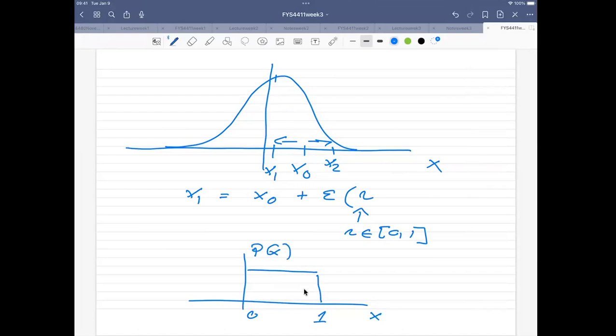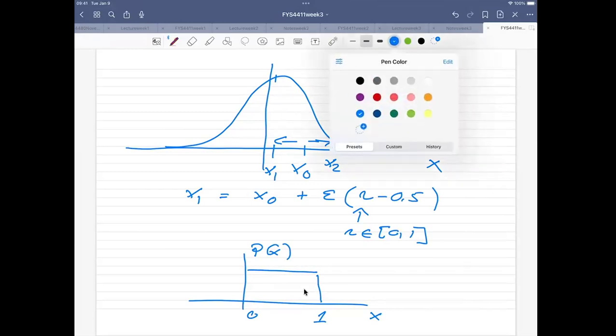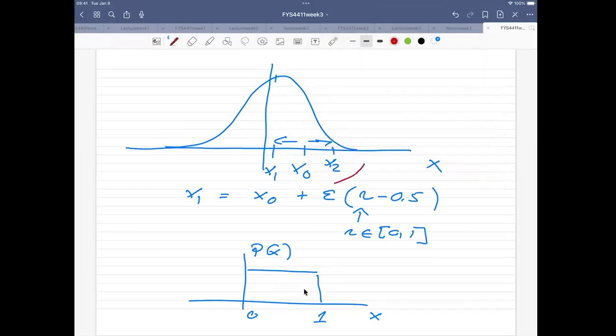So the points which you would pick give you numbers between 0 and 1, but then we subtracted 0.5 because we wanted to have negative numbers as well. So clearly if r is smaller than 0.5, this becomes a negative number. Now, the point with the simple sampling which we did was that epsilon becomes a parameter which we fix to a given value.